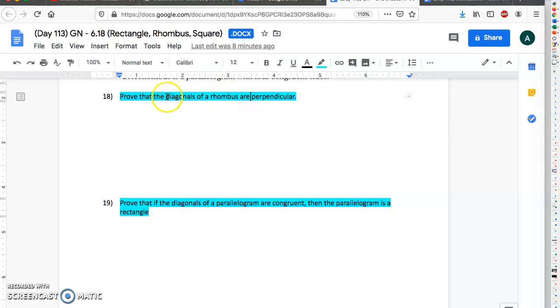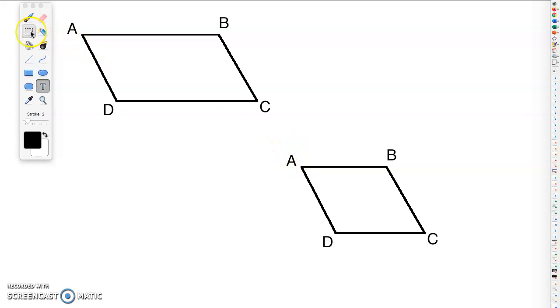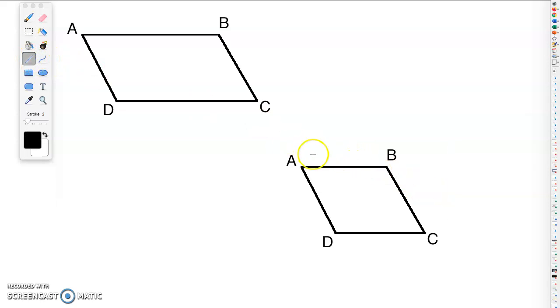Let's go through some of the vocabulary for 18. Here we're talking about a rhombus. So that is this figure right here, or my best drawing of a rhombus. All of these sides are equal to each other, because that is the definition of a rhombus.